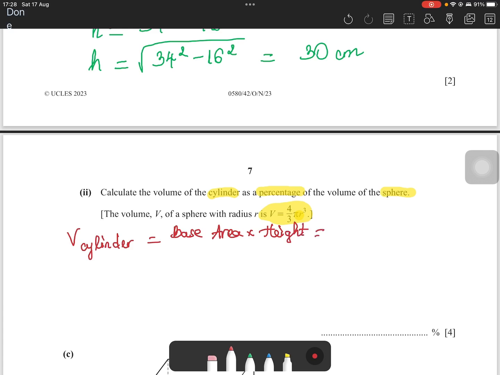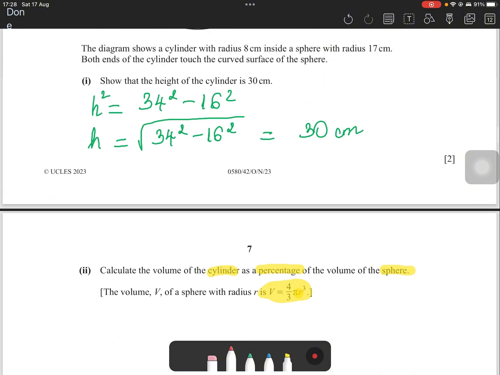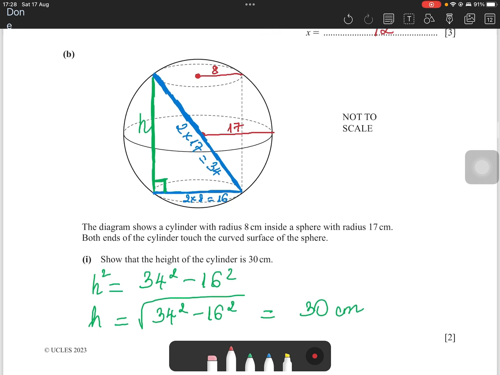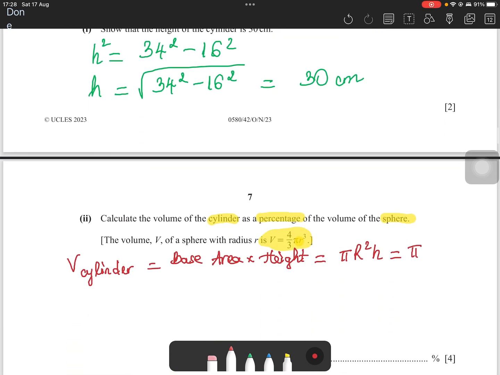Base area is the area of the circle, which is pi r squared, times the height. The radius of the cylinder is 8, so it is pi 8 squared multiplied by the height. The height is 30. We just found it in the previous question.